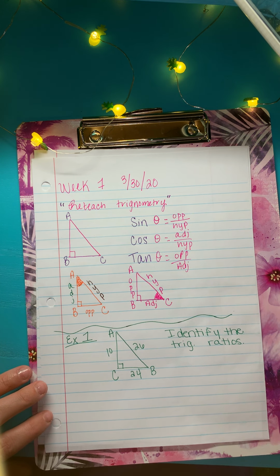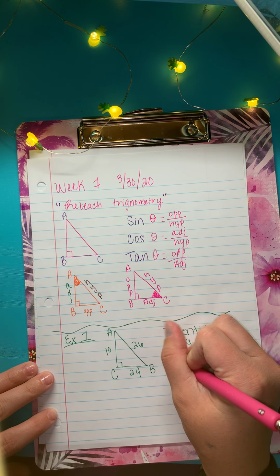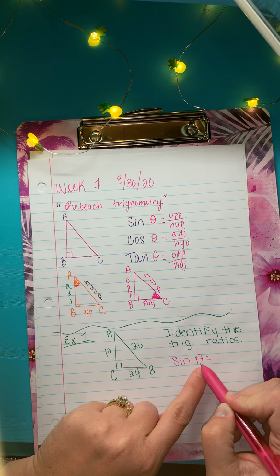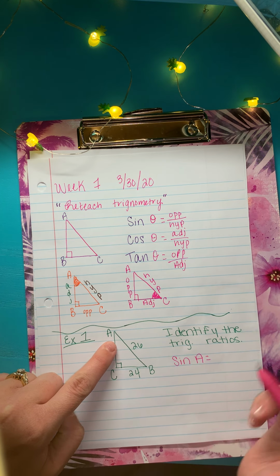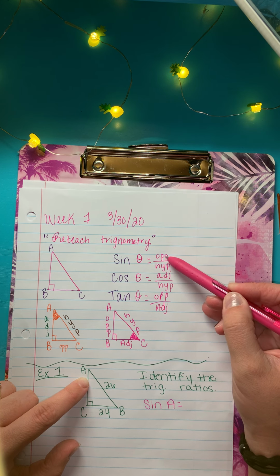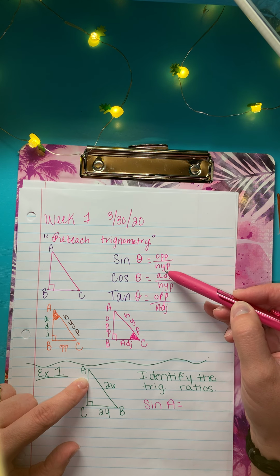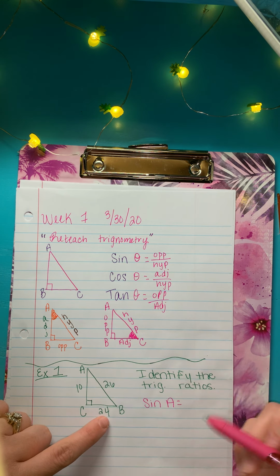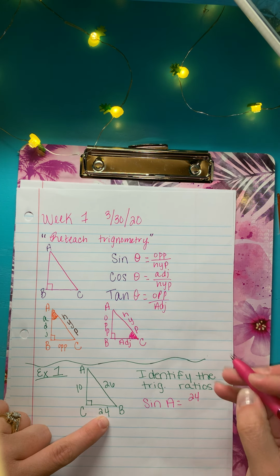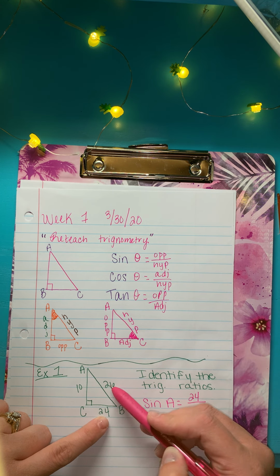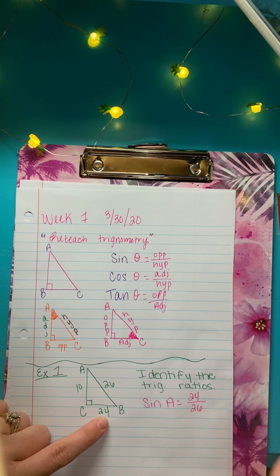So if I want to look at the sine of A, that tells me I'm going to start at angle A, which is up top here. And if you look back at the top, the sine function uses the opposite side and the hypotenuse. So if I'm looking from angle A, opposite from here would be 24 over the hypotenuse, which is going to be 26.